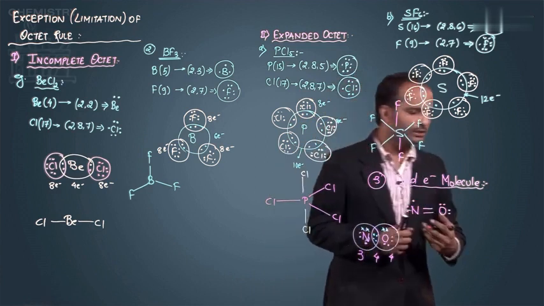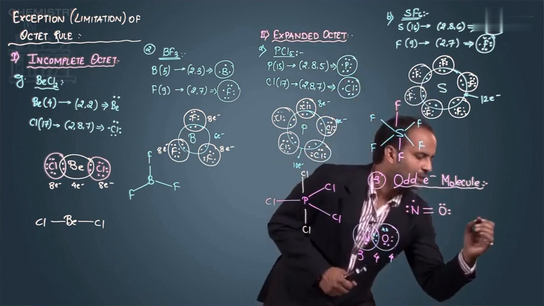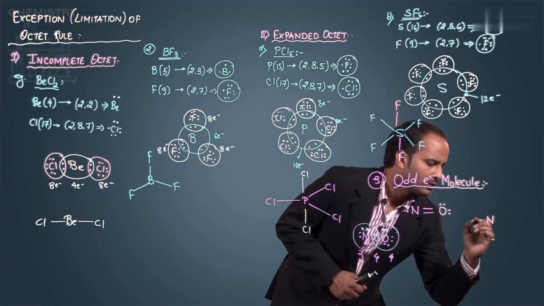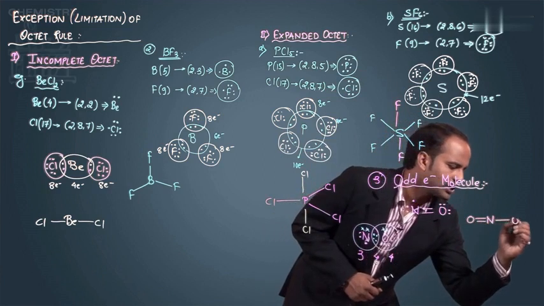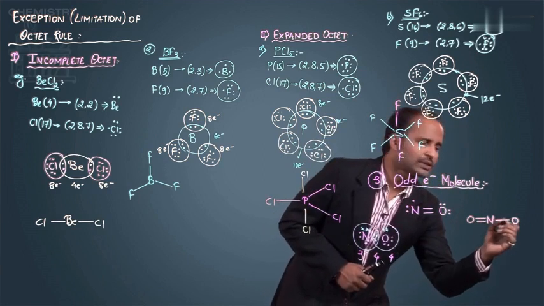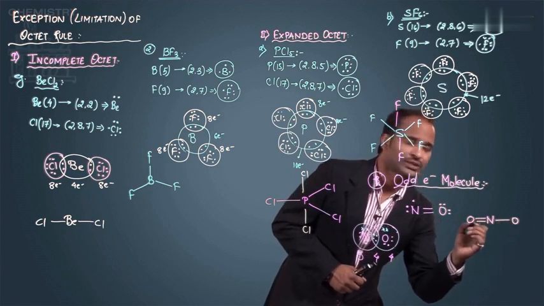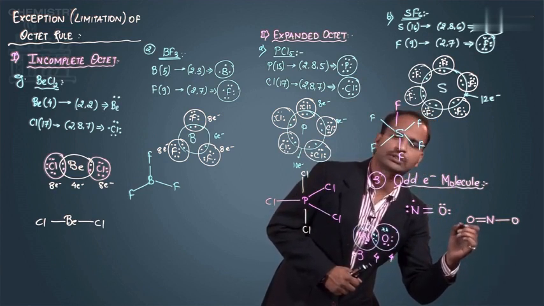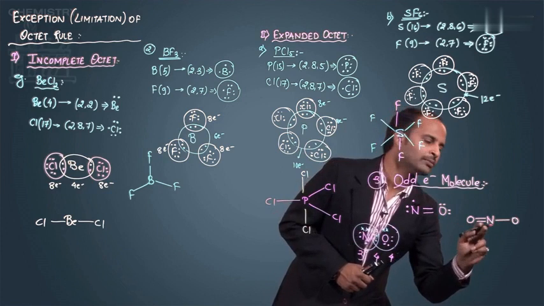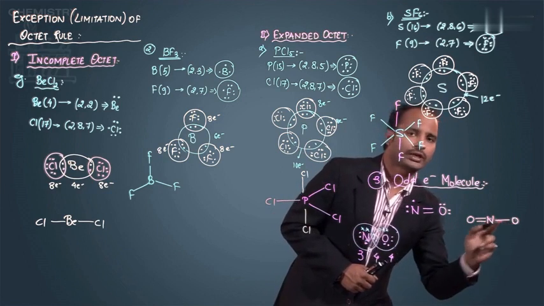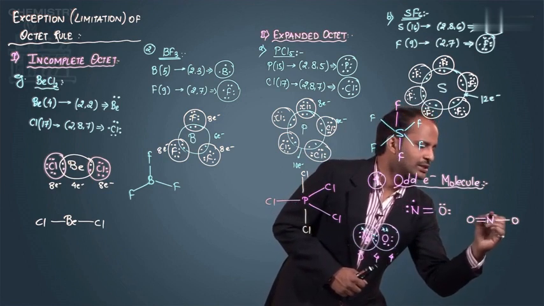Similarly, the same thing happens in the NO2 molecule, where nitrogen is at the center with an oxygen on either side. The bond between this nitrogen and oxygen is a covalent bond, that is, both nitrogen and oxygen share electrons, while this other bond is a coordinate bond.